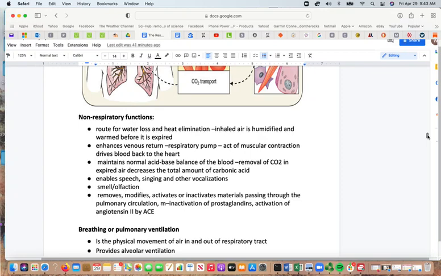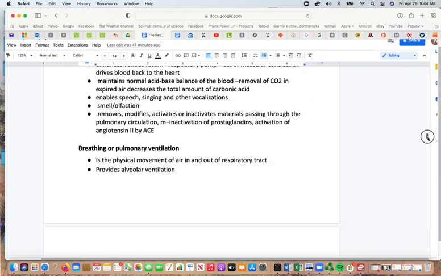It allows us to have speech, so it includes singing and other vocalizations, smell, and then it's going to remove, modify, or activate materials that pass through the pulmonary circuit. So this would include inactivation of prostaglandins, and then the activation of angiotensin II by angiotensin converting enzyme.